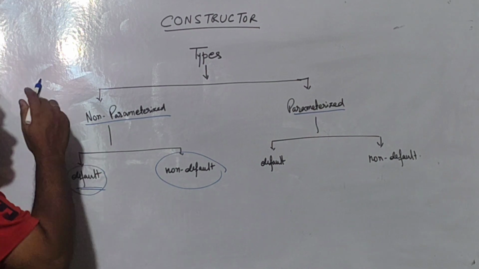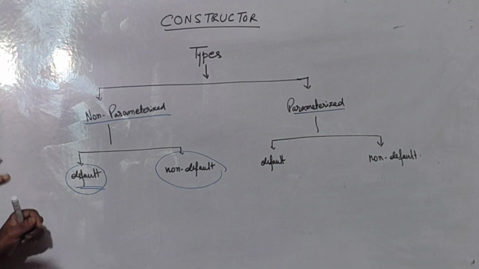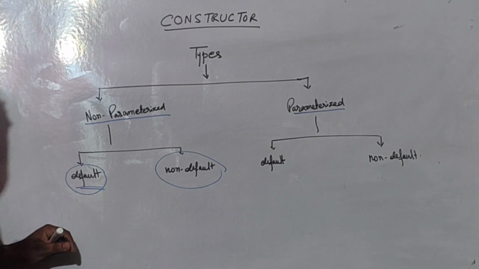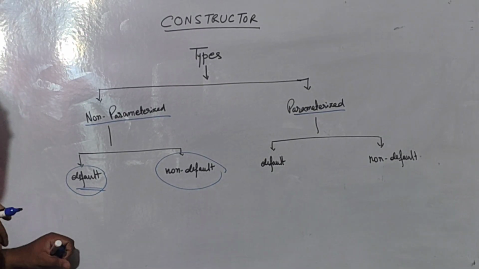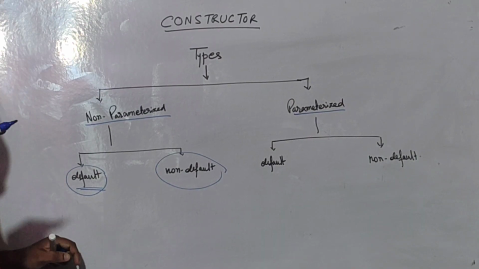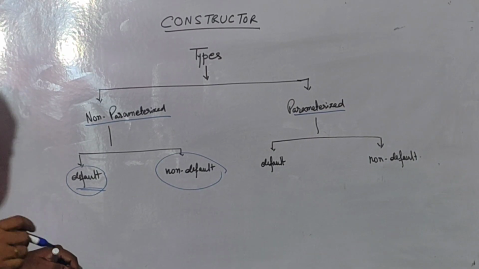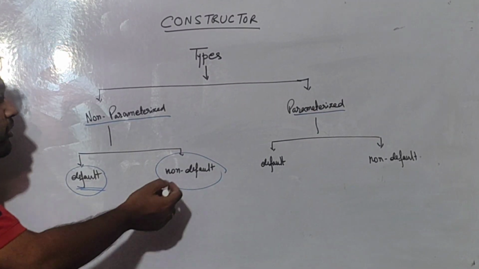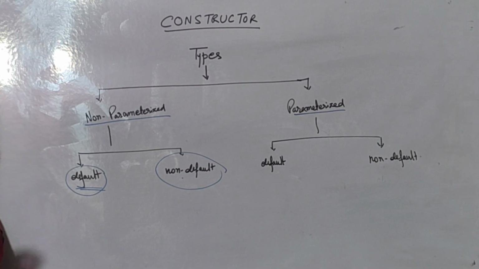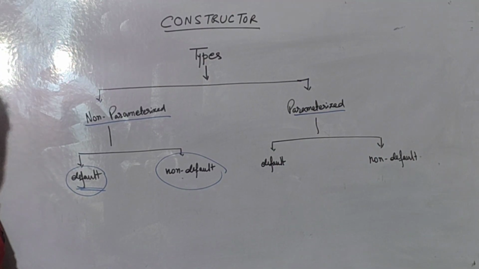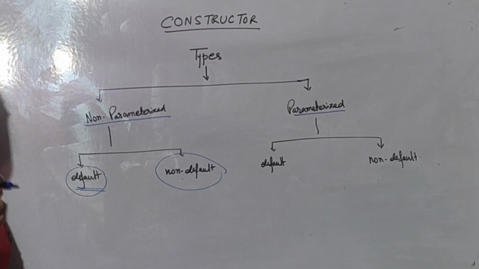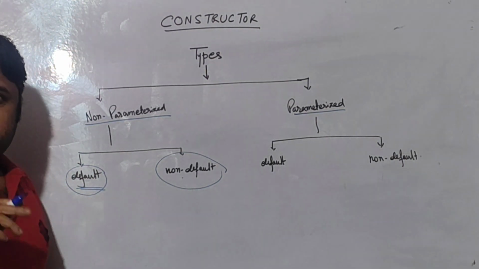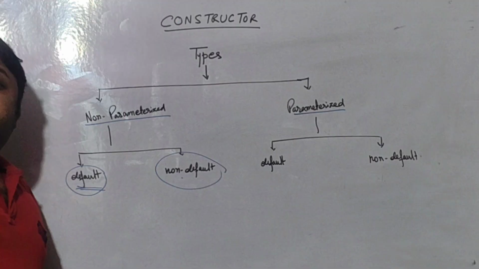What is default constructor? In a non-parameterized constructor, if we assign the data members of the objects their default values, like integer is 0, double is 0.0, character is \u0000, that is the default constructor. Non-parameterized, we are assigning the default values. Now in a non-default constructor, instead of assigning the default value, I am assigning some non-default values, like int a equal to 5, instead of 0.